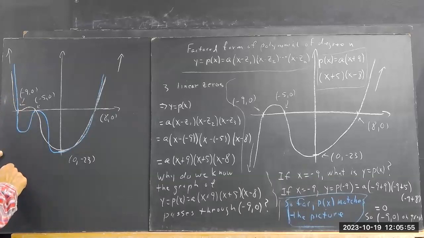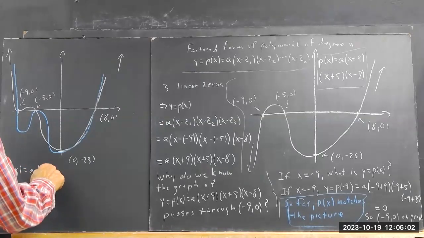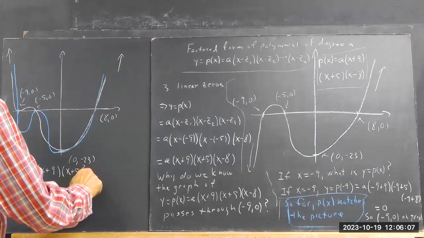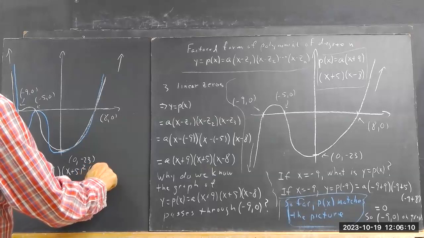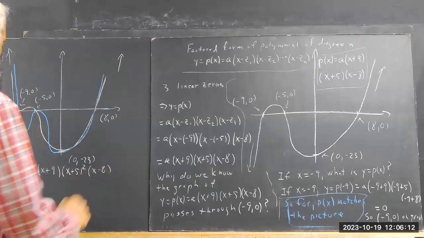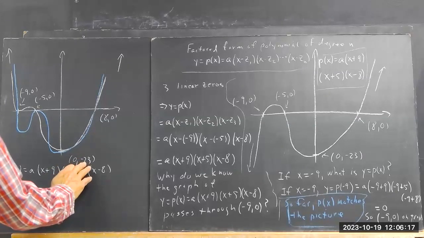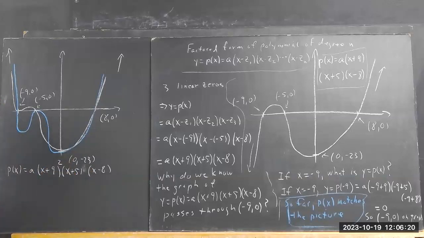The first graph would be this. Okay, because the graph turns around at -9, so it behaves like a little parabola near this point, okay?